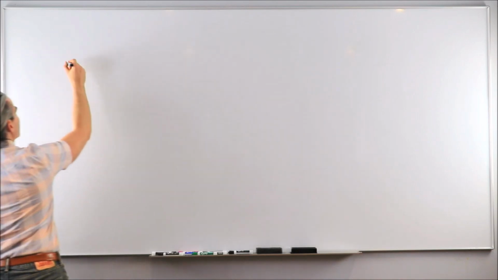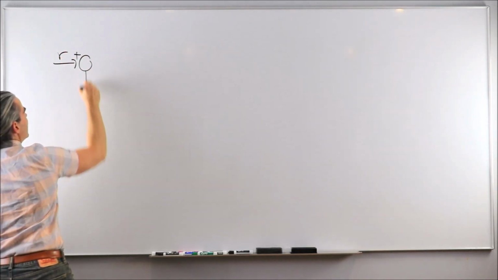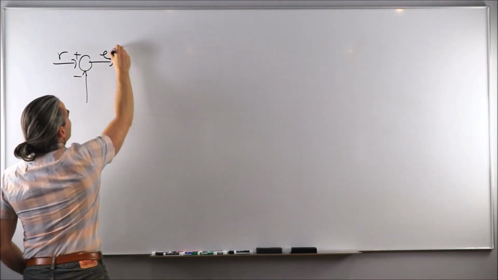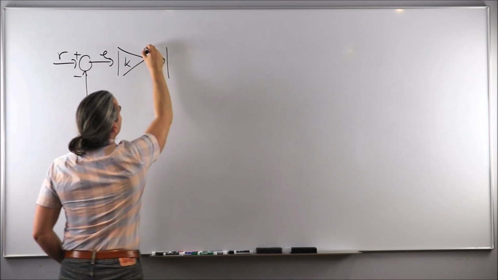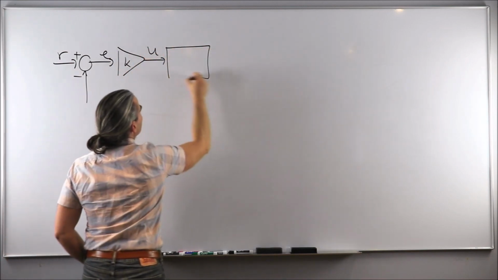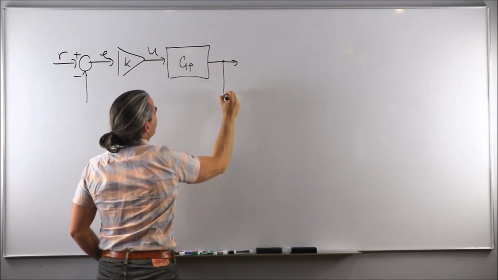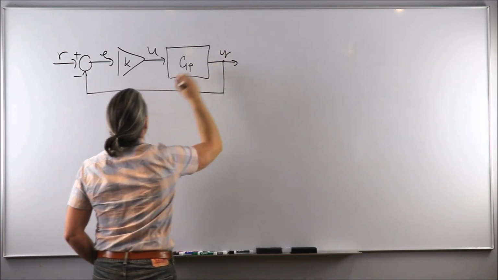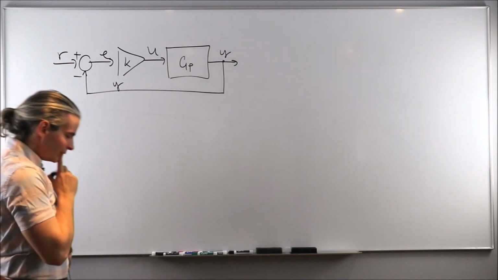Our architecture, as always, is the reference signal being compared to the plant output. That creates an error. The error is being multiplied by some proportional control action. That creates a control input signal. This is being fed to our plant transfer function, G of P.